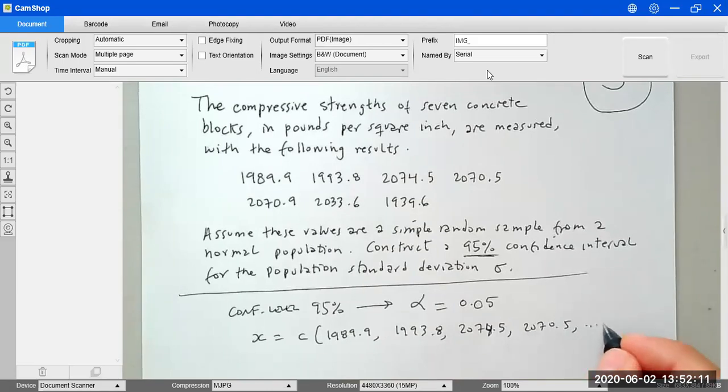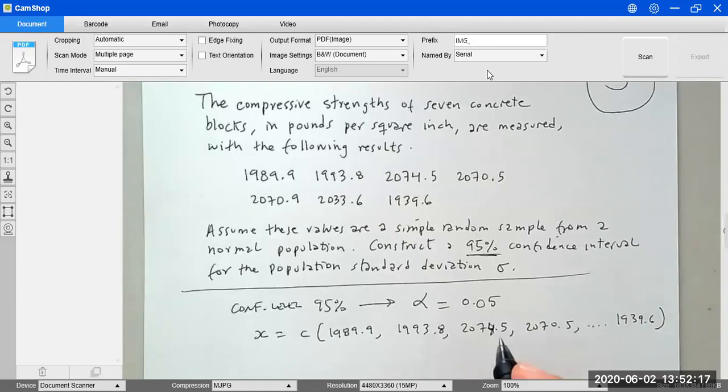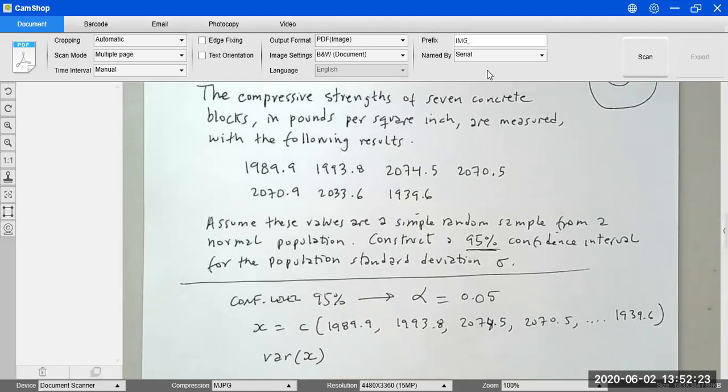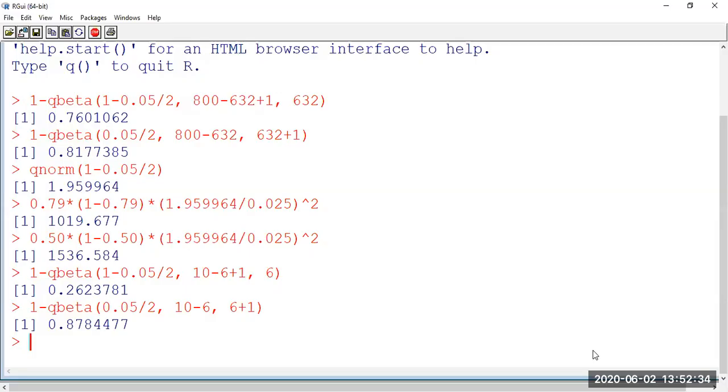There are going to be 7 values here. And then we're going to compute the variance, and then we're going to use that information to compute the lower and the upper limit. So let's go and use our console to find the solution for this problem.